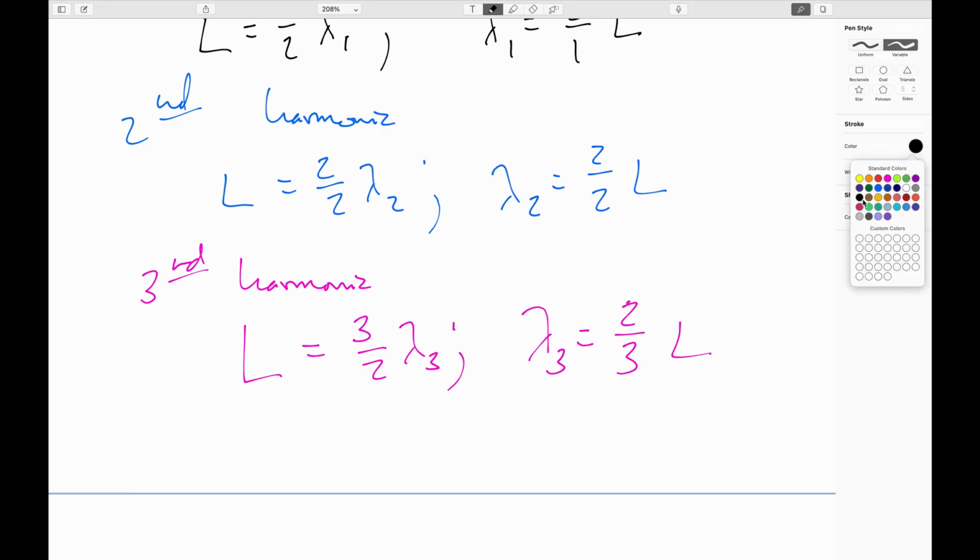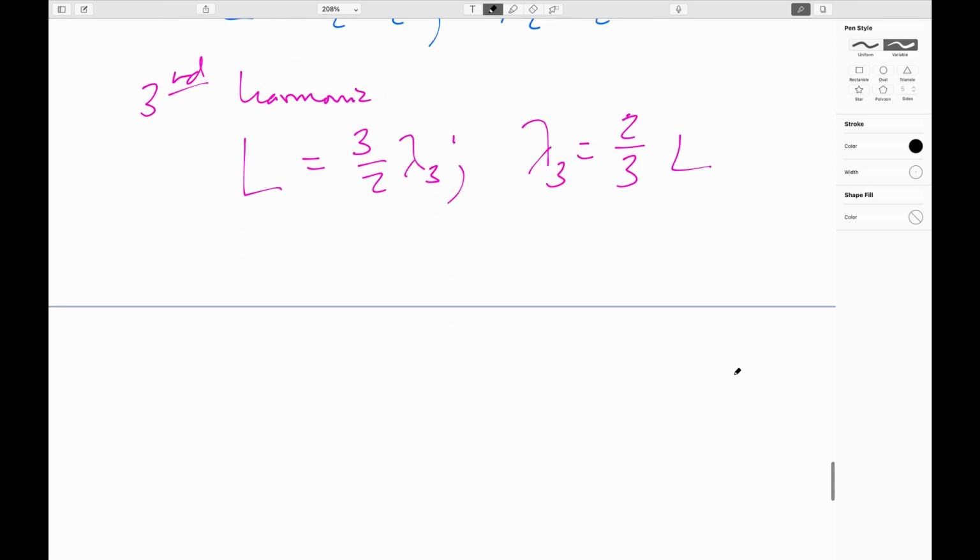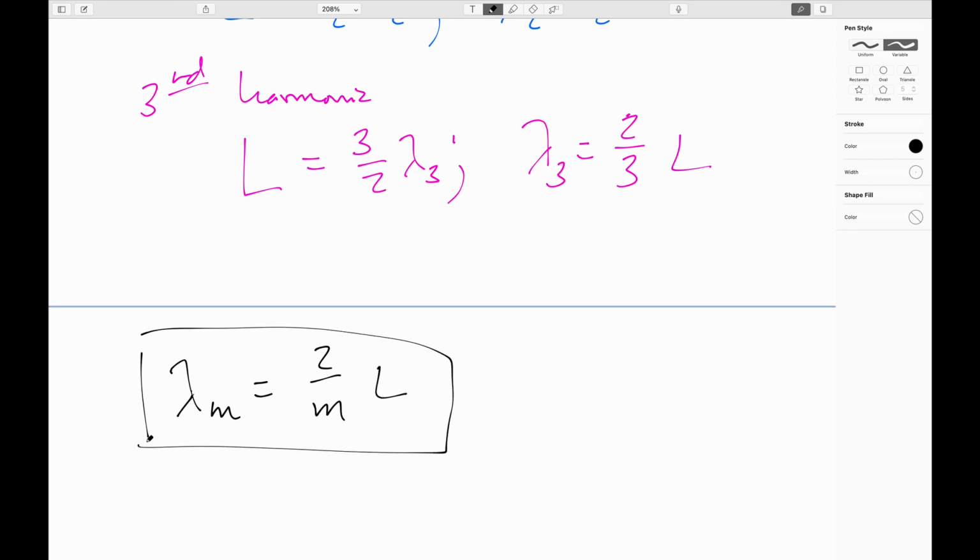All right, so I think we can start to see what a pattern would be for us to figure out what the wavelength of the mth, of just some arbitrary harmonic, would be. The things that never change are the 2 and the L. And if it's the first harmonic, we had a 1 here. If it's the second harmonic, we had a 2 here. If it's the third harmonic, we had a 3 here, and so forth. So right, this is 2/m times L. Now, m here is not a mass.